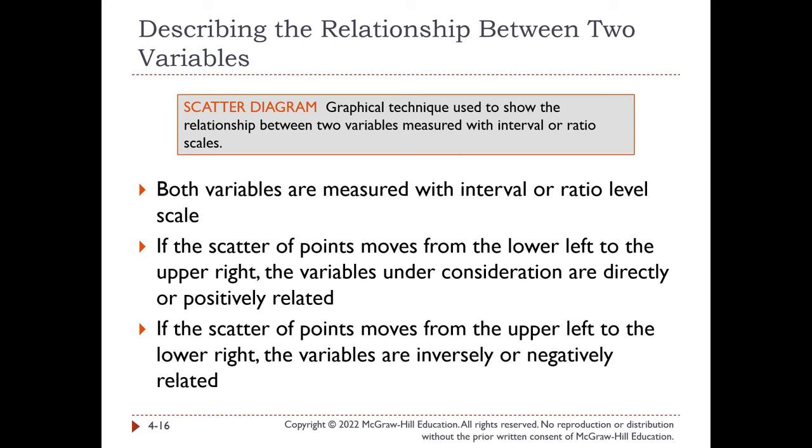Remember those from our numeric data. So both variables are measured in those level scales. If a scatter of points moves from the lower left to the upper right, it is considered directly, positively related. It's moving up. But if the opposite happens, going from the upper left to the lower right, it is negatively related.